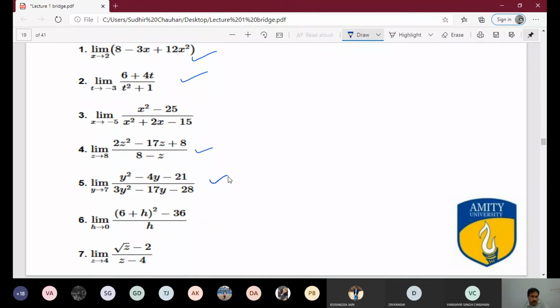So all these questions have some common factor in numerator and denominator. Then after cancellation, we get the limit, and here also we have a common factor in numerator as well as in denominator. And here we can directly put the value after expansion of (a plus b) whole square. So you can easily do these questions.